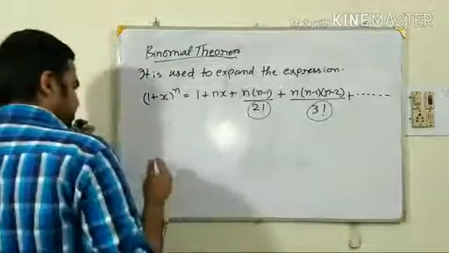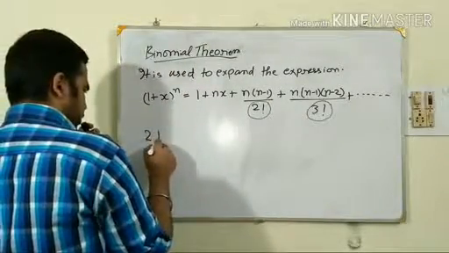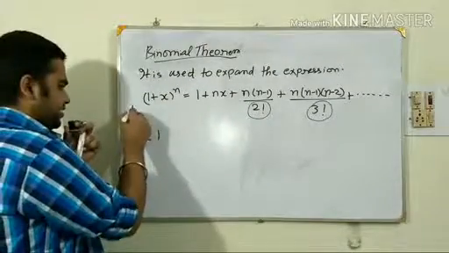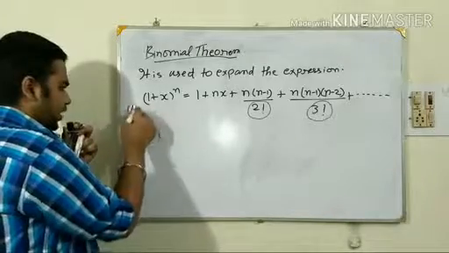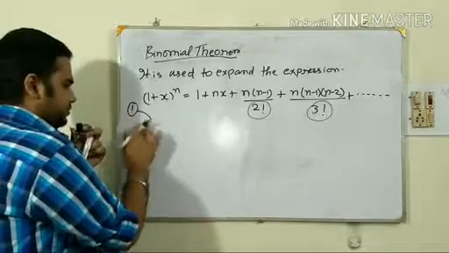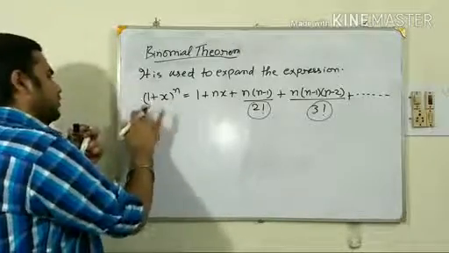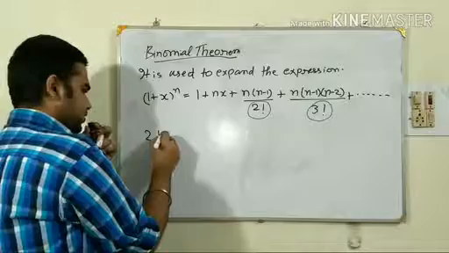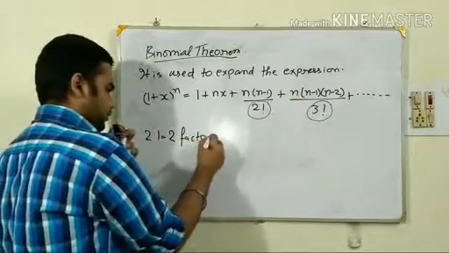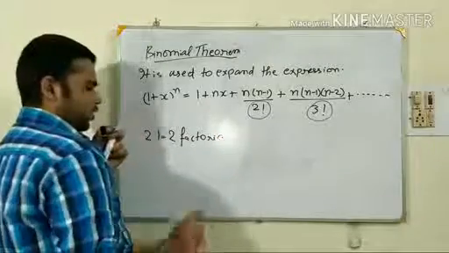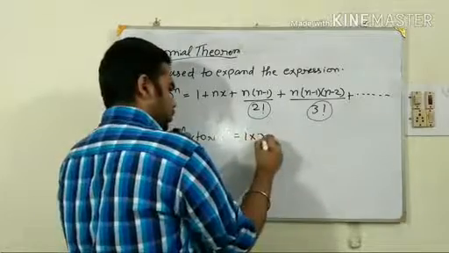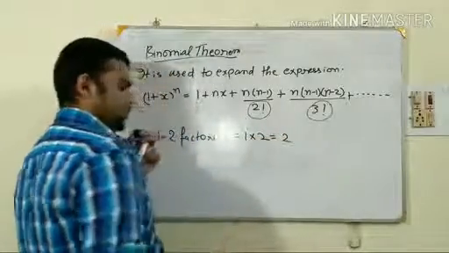This is the exclamatory sign, and we read it as factorial. 2 factorial means 1 into 2, which is equal to 2.